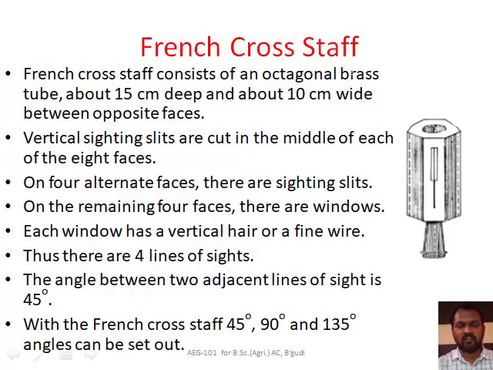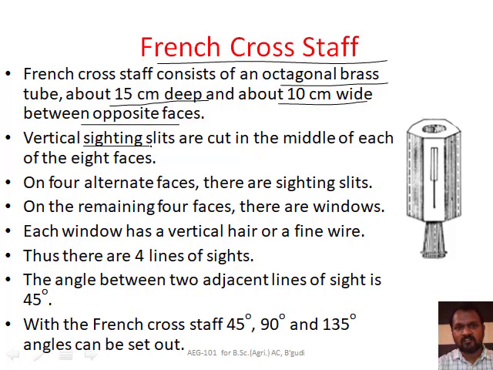And we have another, the French crosstop. This French crosstop consists of an octagonal brass tube about 15 centimeter deep and 10 centimeter wide between opposite faces. Vertical slits are cut in the middle of each of the 8 faces. On 4 alternate faces there are sighting slits.